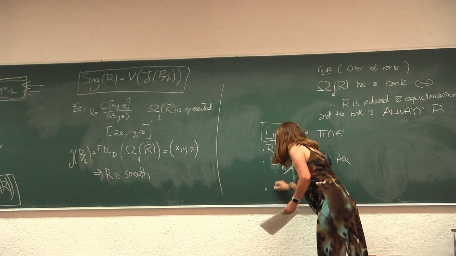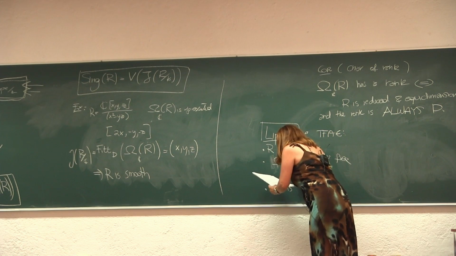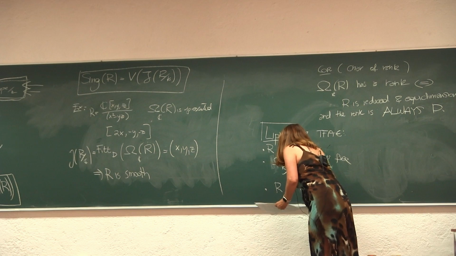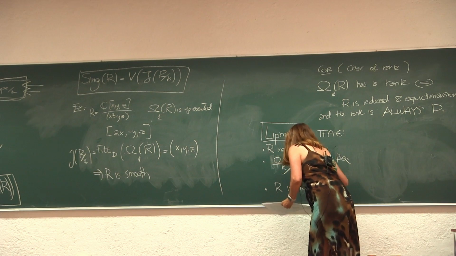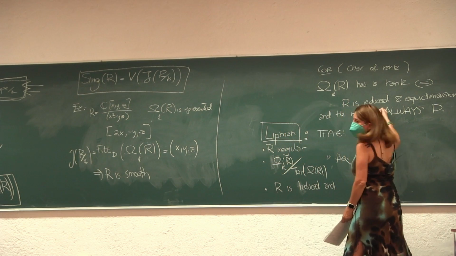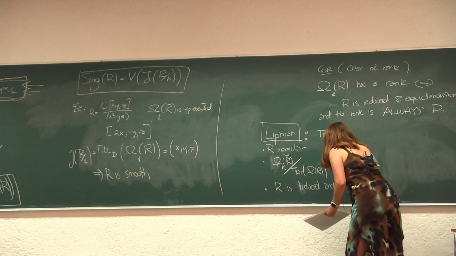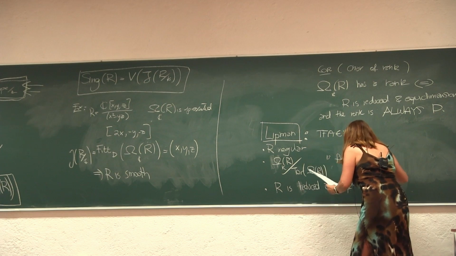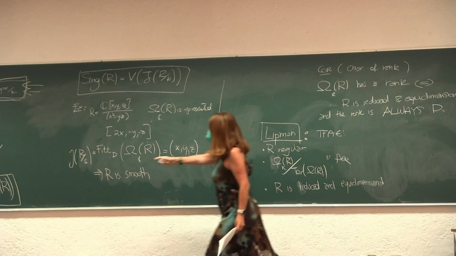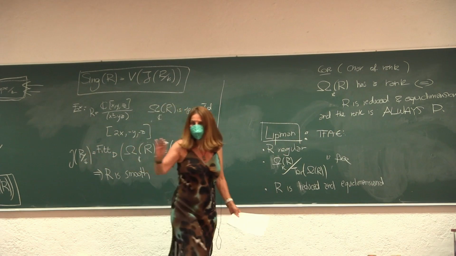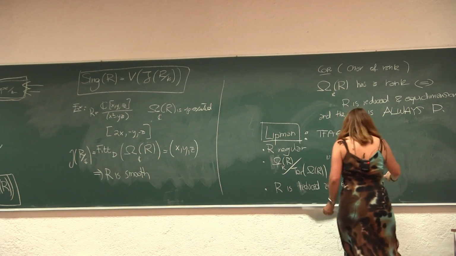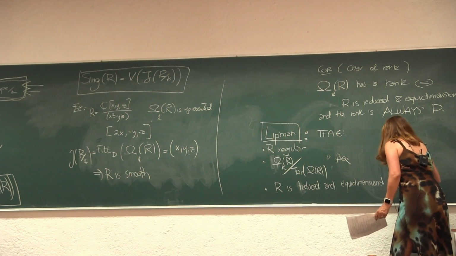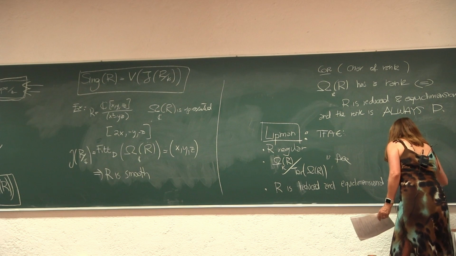And then R is reduced and two-dimensional, what I need for the rank. And that is what I need to have the D that stays the same. Okay? And the Jacobian is principal.